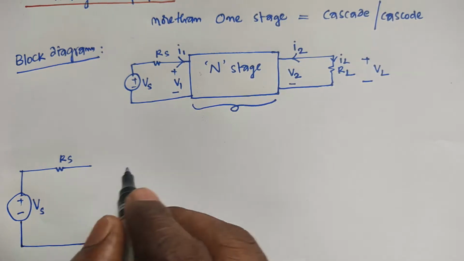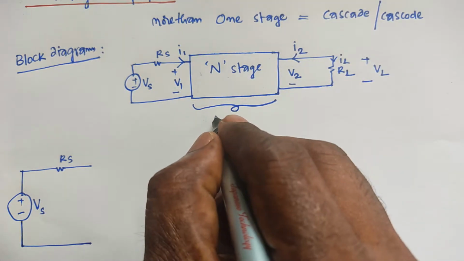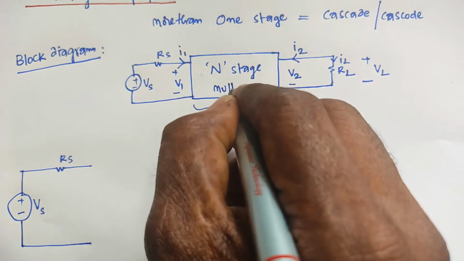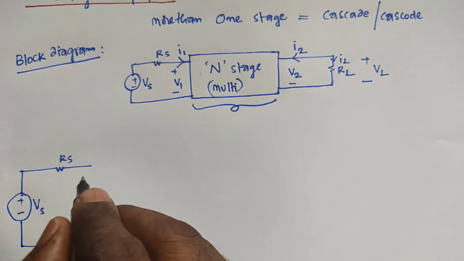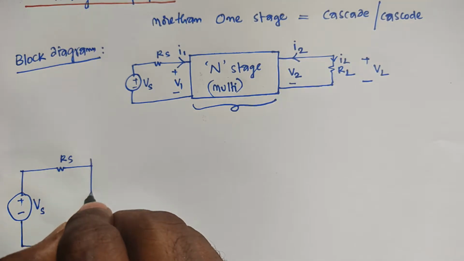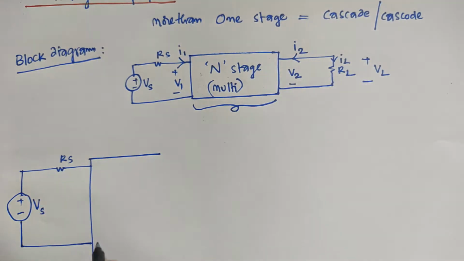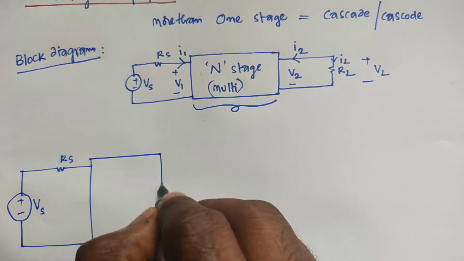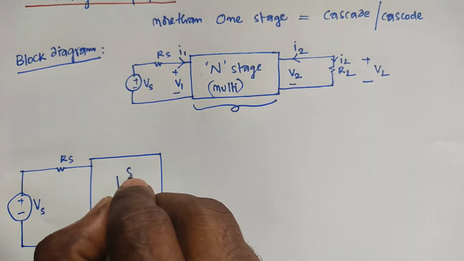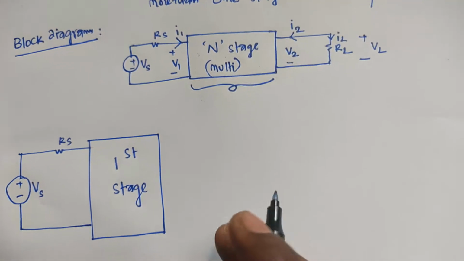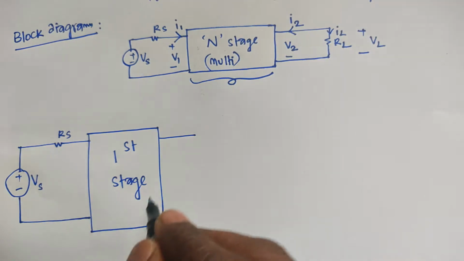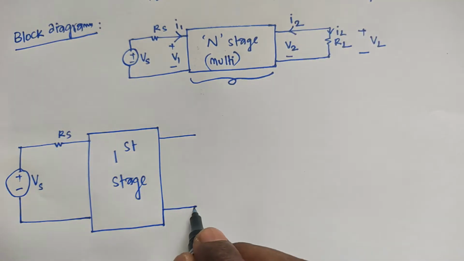Now we have n stages, that is, n stage is nothing but multi-stage. The first stage amplifier output is connected to the second stage input.